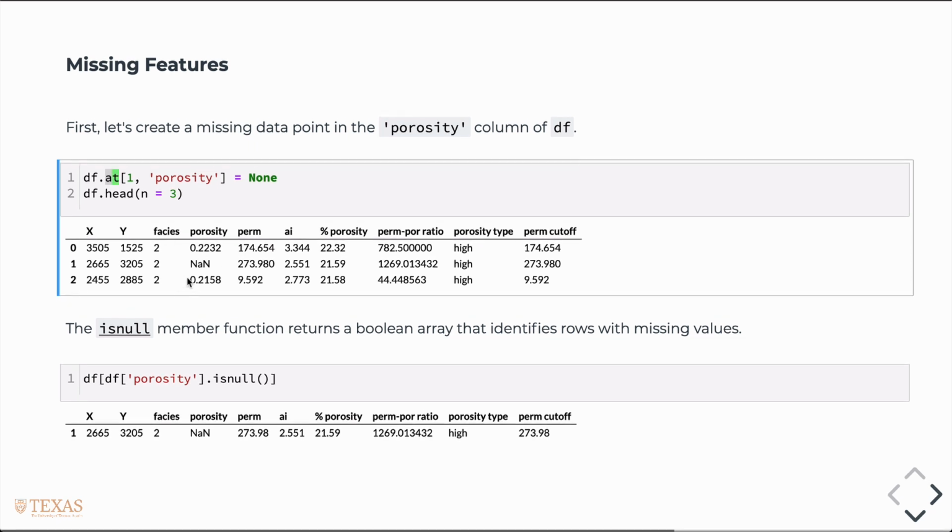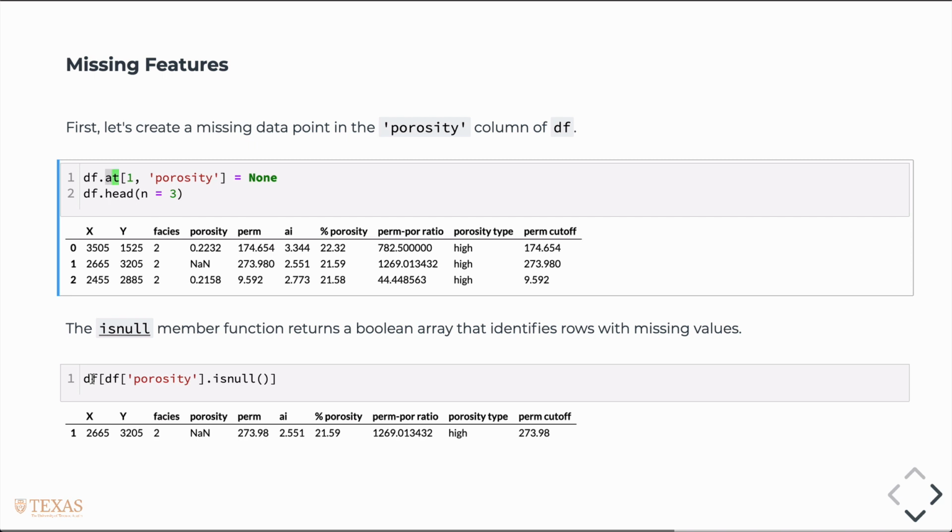So we explicitly put it there in a location that we know, but it's often the case that when we have data or we read it in, that it's unknown. The isnull member function will return a Boolean array that identifies rows that are missing. So in this case, I'm going to again use the NumPy style fancy indexing to basically find the rows in the total data frame.